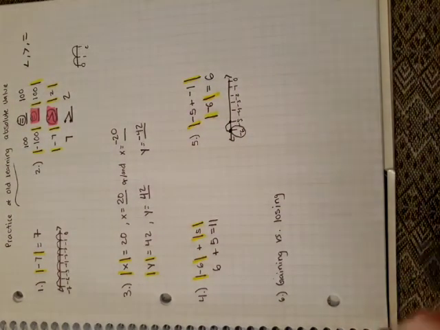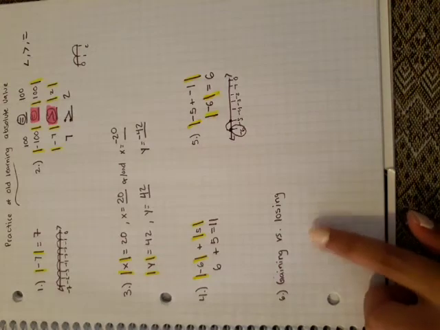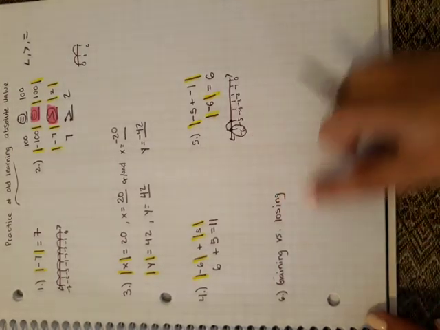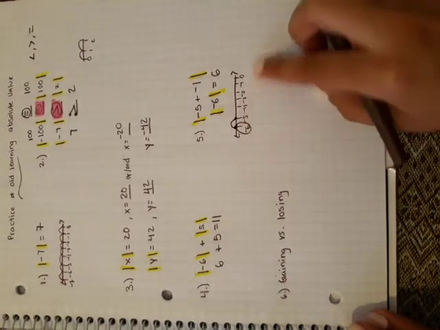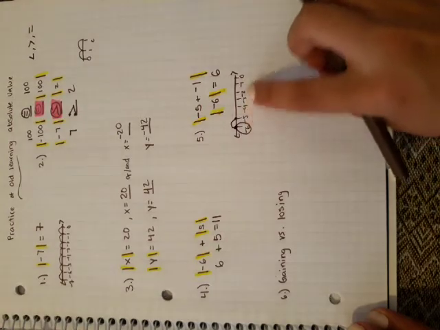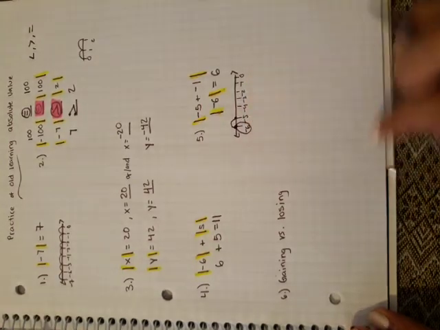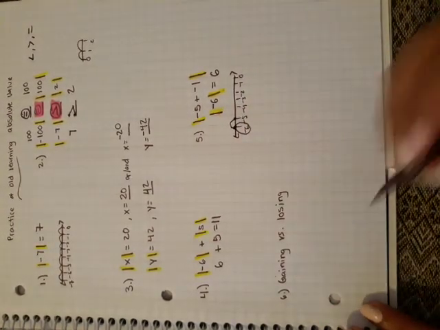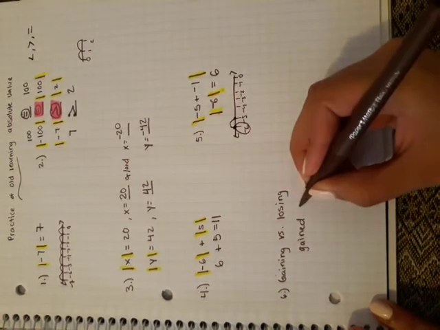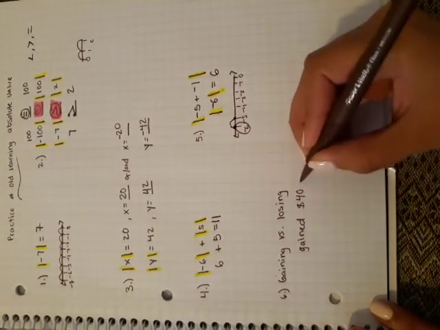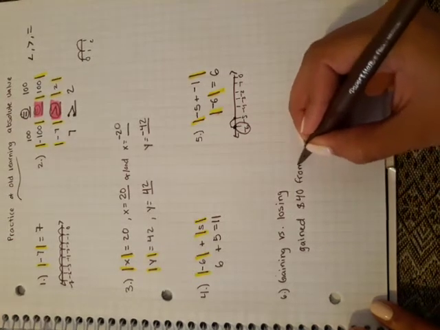All right, you guys also have some gaining and losing problems, meaning you have a story and you have to write it as an integer. Integers are positive and negative numbers. So all this are integers. So they're telling you, let's say you gained $40 from your allowance.